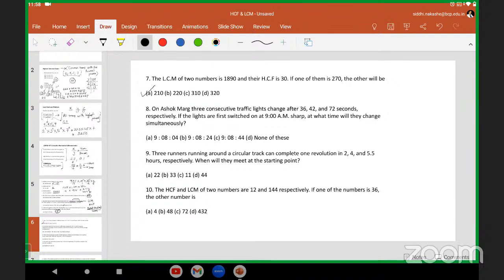LCM is 504, right? Everyone got this 504?